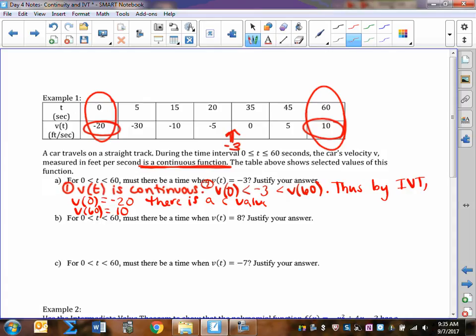Between 0 and 60. So there's a c value so that c is in between 0 and 60. And we can say that v of that c value is the point in question.